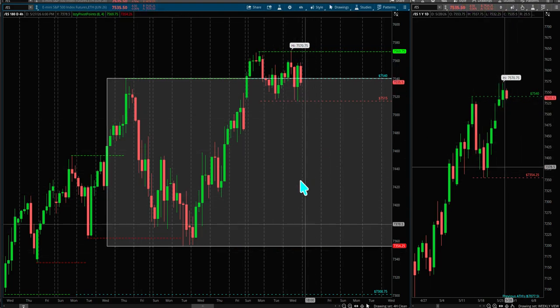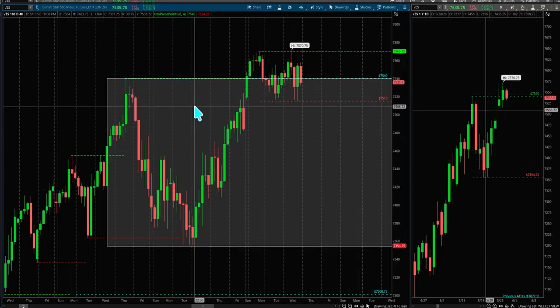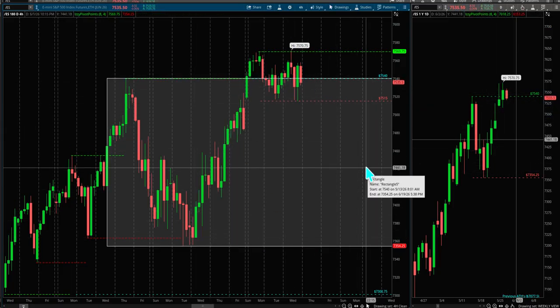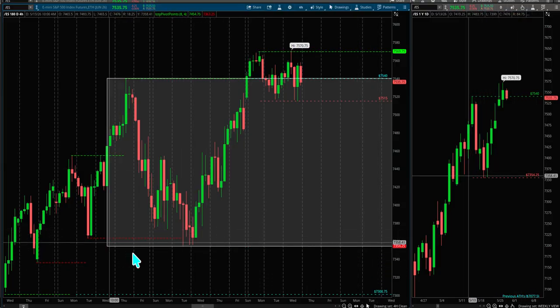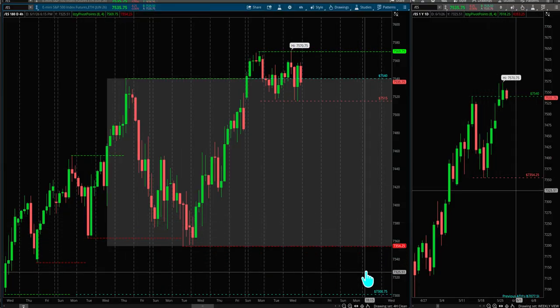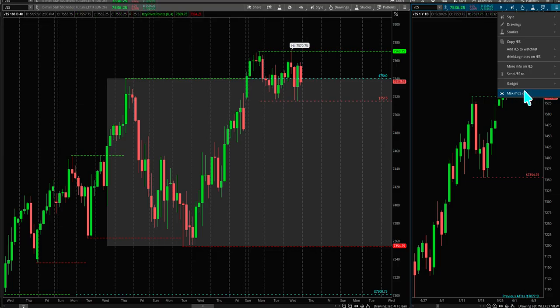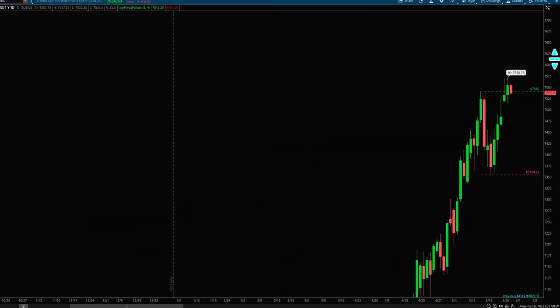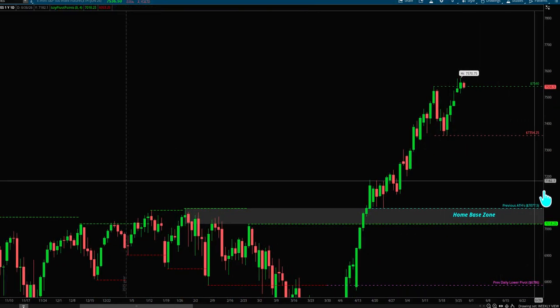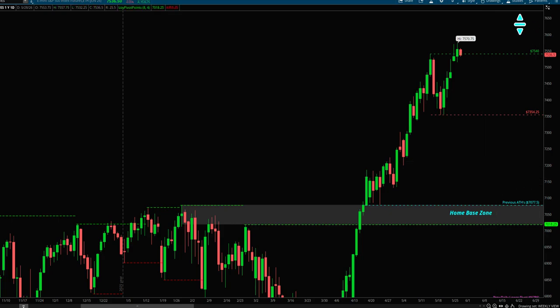Breaking under 75.15 is our sign that the market may enter a consolidation state on the 4-hour time frame. And if the market does so, the lower end of this range is our higher probability area to look to re-engage longs. It's very easy. It's as simple as that.